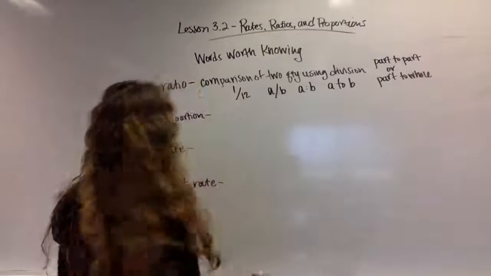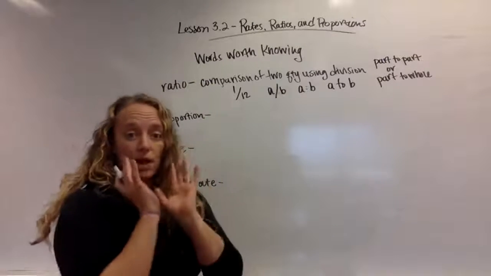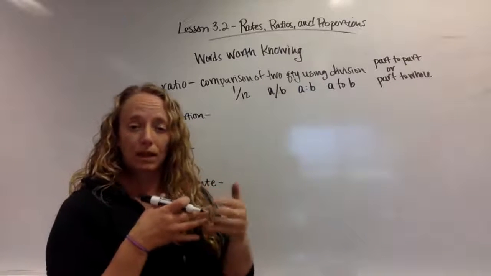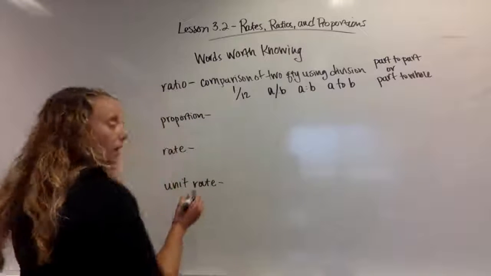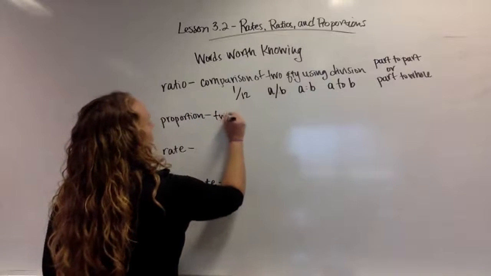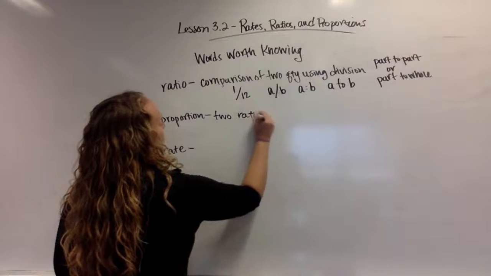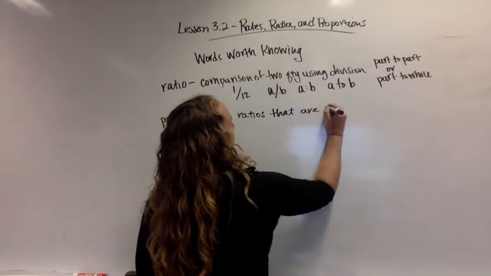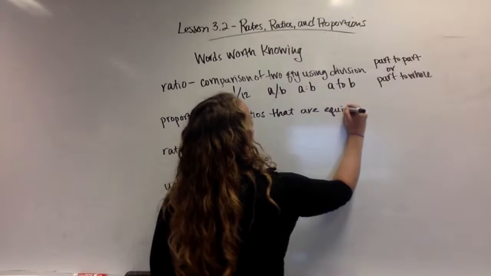Proportions. This is essentially saying we have 2 ratios and they are equivalent to each other. So we can put them together with an equal sign in between. So this is 2 ratios that are equivalent.